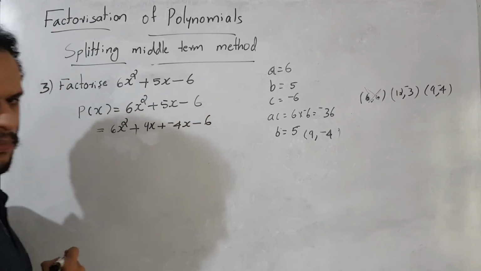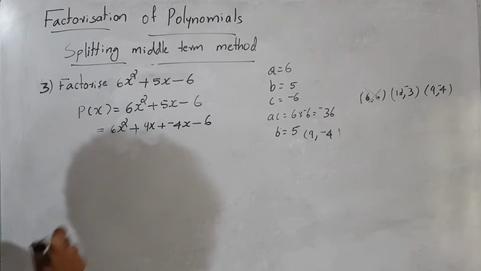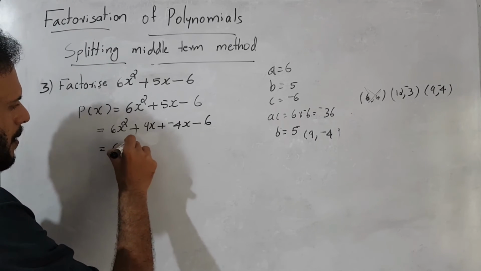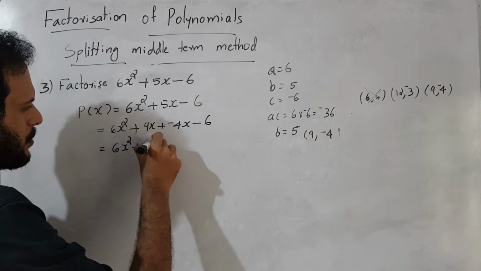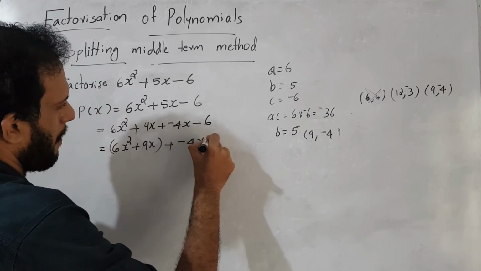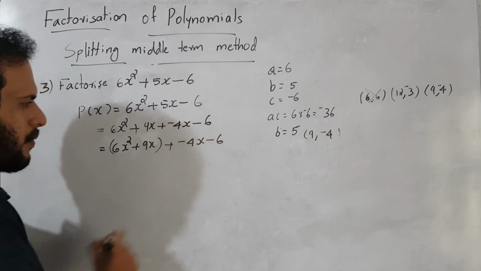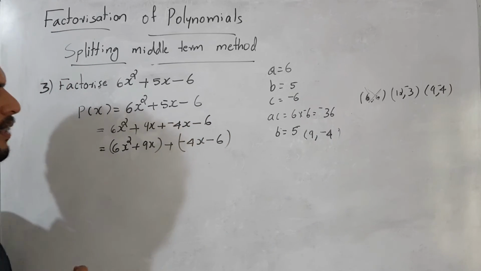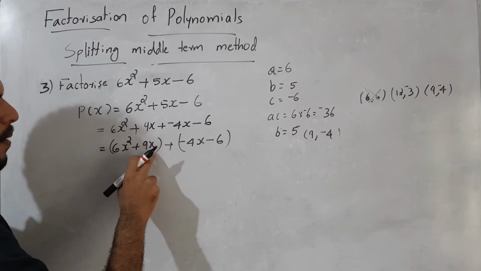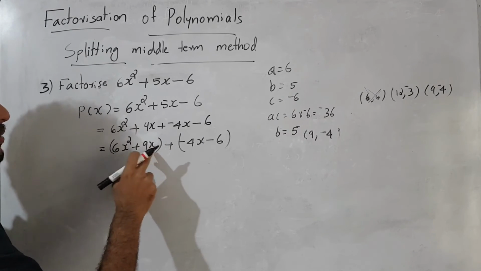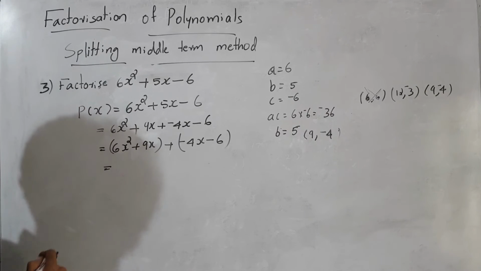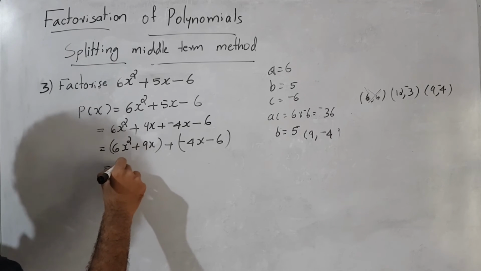So it is equal to 6x square plus 9x as the first group, plus minus 4x minus 6 as the second group. Then what is common there? 3x is common: 3 is common in the numbers and x is common in the x. So we take the 3x out.